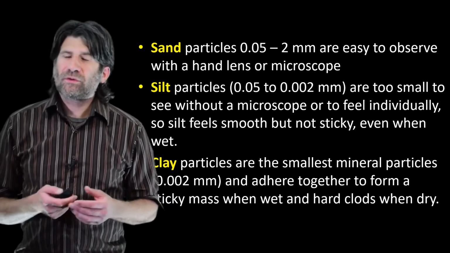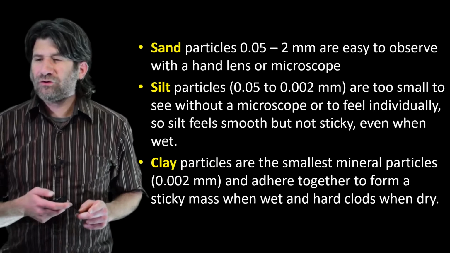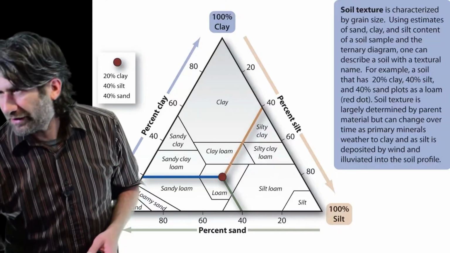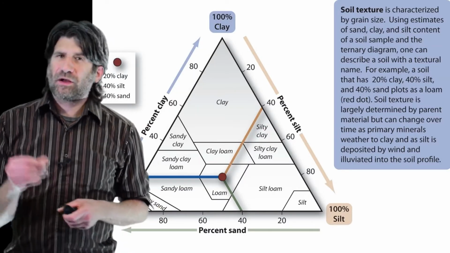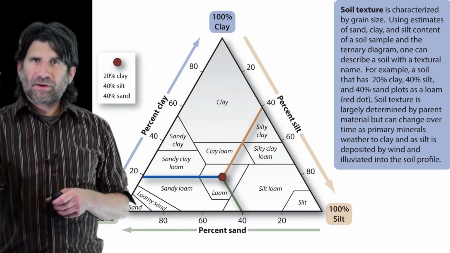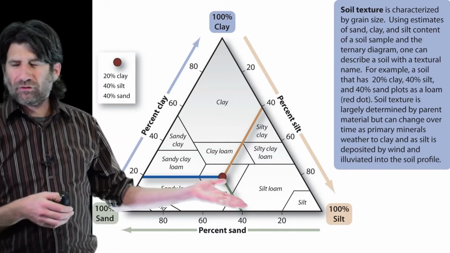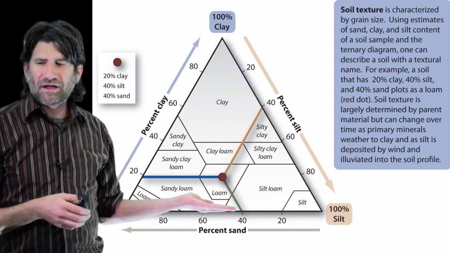Okay, so when we quantify soil texture based on sand, silt, and clay, we use what's called a ternary diagram. The ternary diagram allows us to plot the relative abundance of sand, silt, and clay. And so we use terms like loam to characterize that difference.